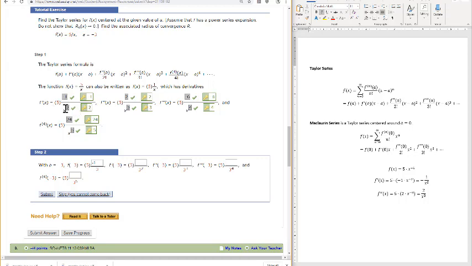For the first derivative, we have x squared, so x is negative 3 squared, so the negative becomes a positive. And then in our first derivative, we also get a negative 1. So let's put in a negative 1.